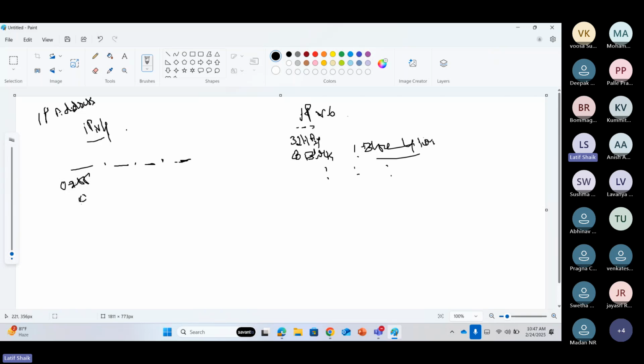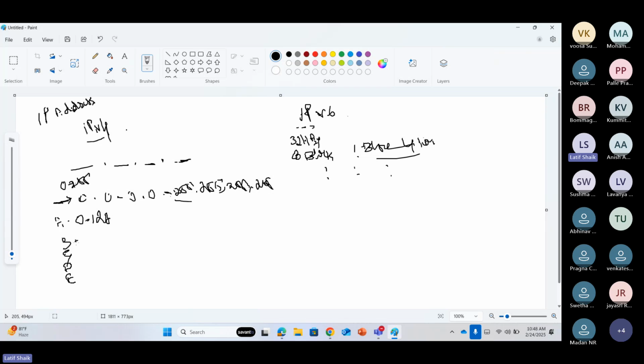Again, IPv4, the range is 0.0.0.0 to 255.255.255.255. This is the total range of IPv4. And this entire range is divided into 5 classes: Class A, Class B, Class C, Class D, and Class E. Class A is 0 to 127.